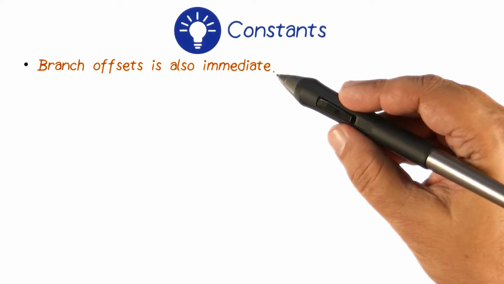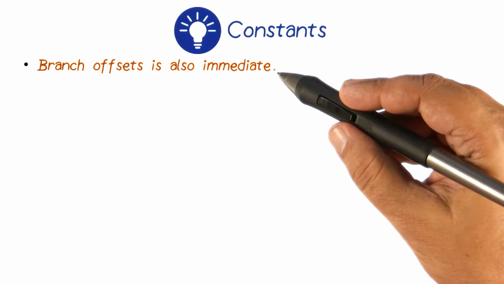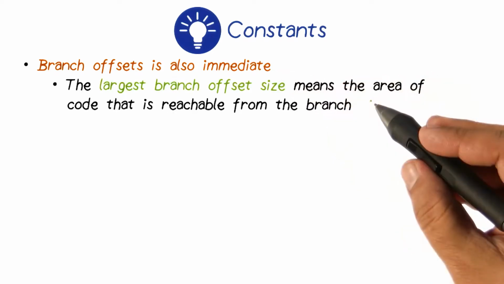What about branches? Many branches are also relative, and branch offsets are an important part of constant operands, which are a part of the instruction. So the operand field as part of instructions that deals with branches has to do with the size of the branch offset. Typically, the branch offset is designed to make the jump happen across the largest possible area where the branch is supposed to go.